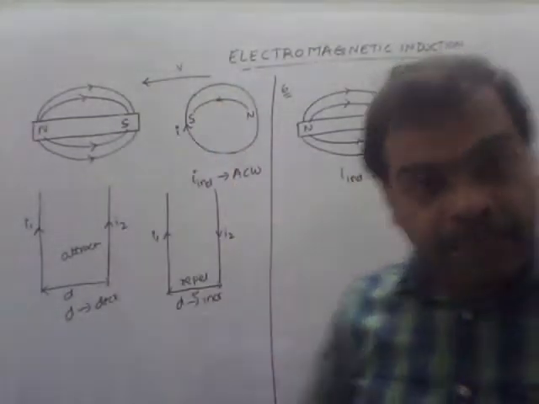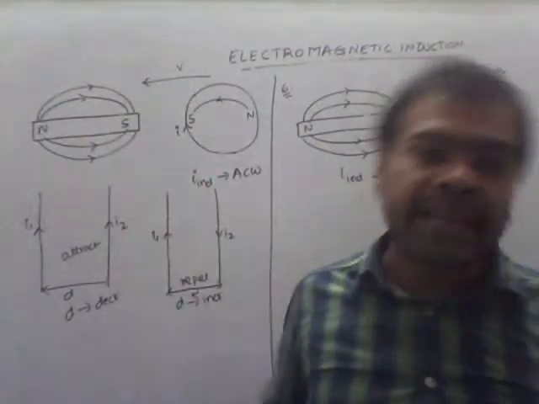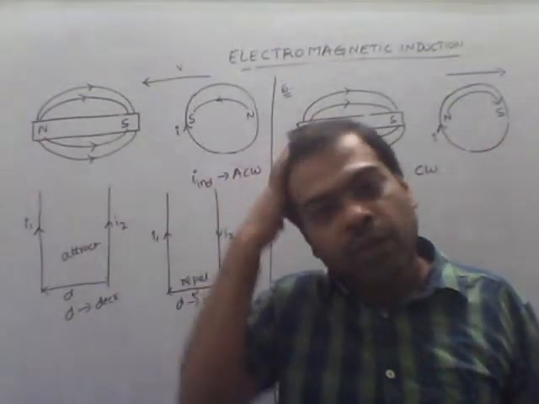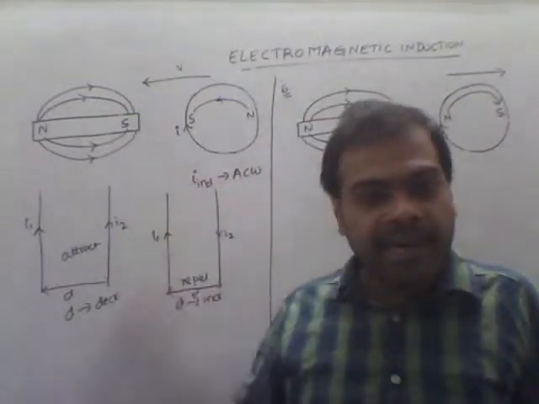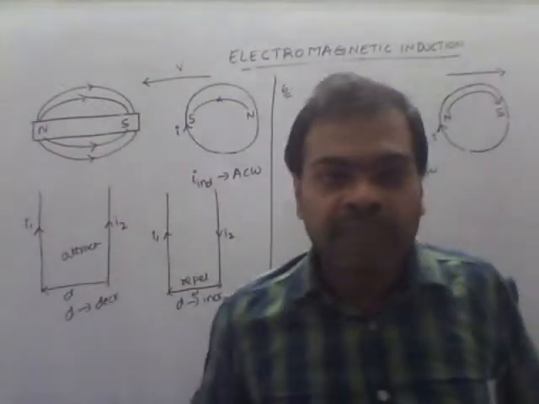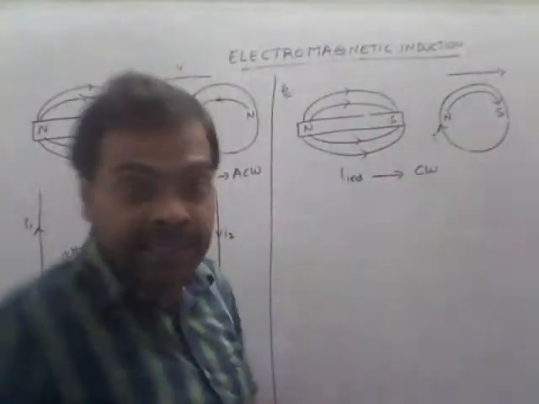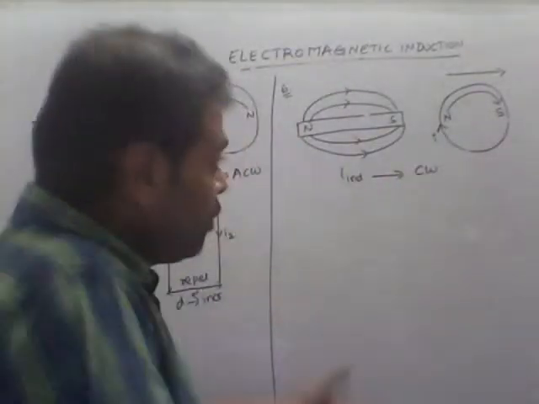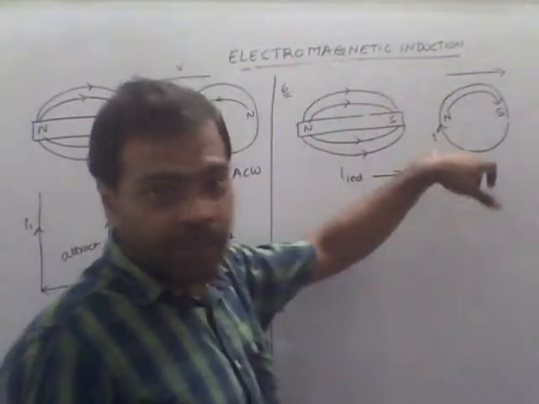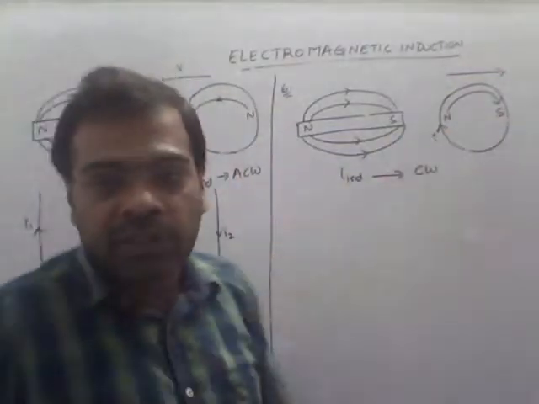Due to the repulsion, we are throwing the conductor far away, due to that we have an induced current which is opposite to the direction of the current passing through the coil. Whereas here it is attracting, in whichever direction we have the magnet, in the same direction we'll have the induced current.